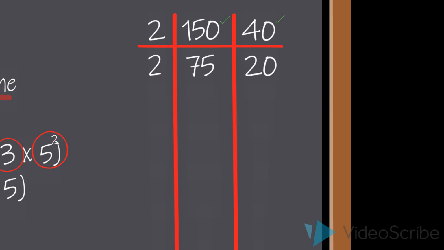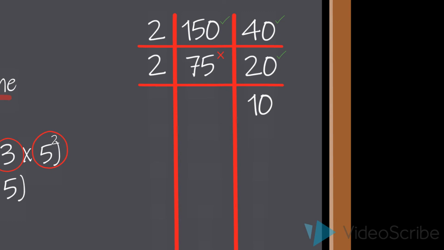Let's check 2 again with our new numbers, 75 and 20. 2 cannot go into 75, but it can go into 20. This means we write a 2 in the left column and write the answer to 20 divided by 2 under the 20.